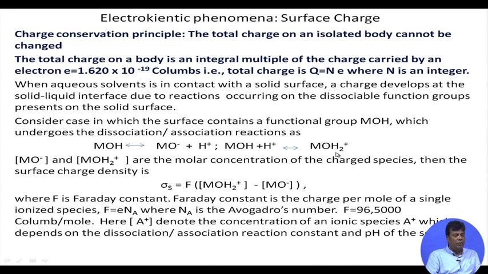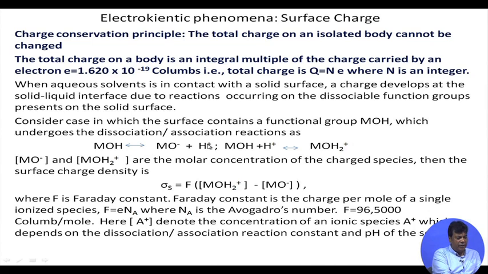Now, these H plus ions are related to the pH of the electrolyte, and also the ionic concentration of the electrolyte can influence. The rate of reactions depends on the reaction constants. So, all the details I have omitted over here. Any basic electrokinetics book will discuss this kind of reactions.